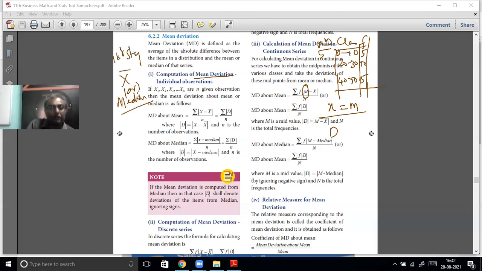Then you form the table. From there you find the sigma of f into m. The class mid values are 5, for 20 to 30 it is 25, for 40 to 50 it is 45. That is the mid value. This m into f you have to find in another column, m into f.